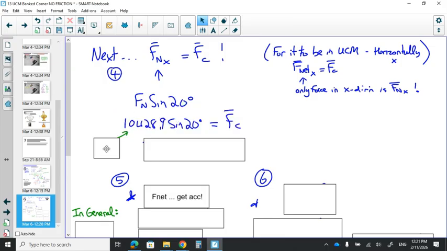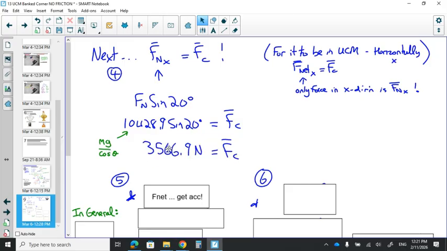Well, that's hiding the fact that really that's mg over cos theta. If you're just plugging numbers in, it works. But it's more powerful to notice that you don't even need the mass and you get these general results, which are much more usable going forward.